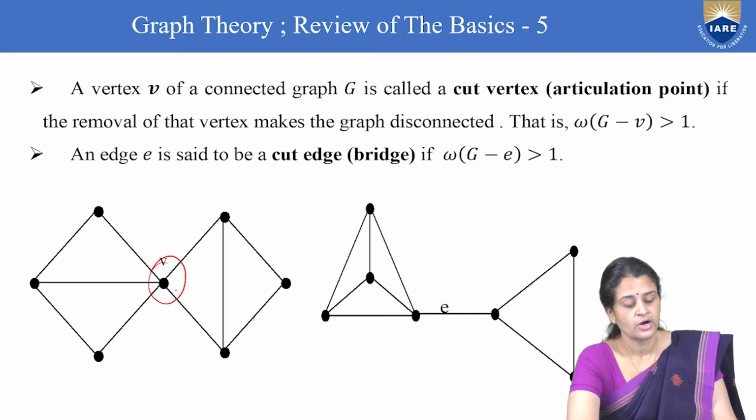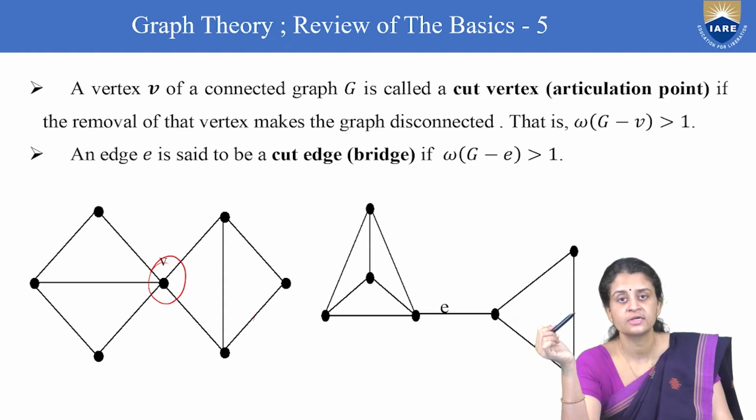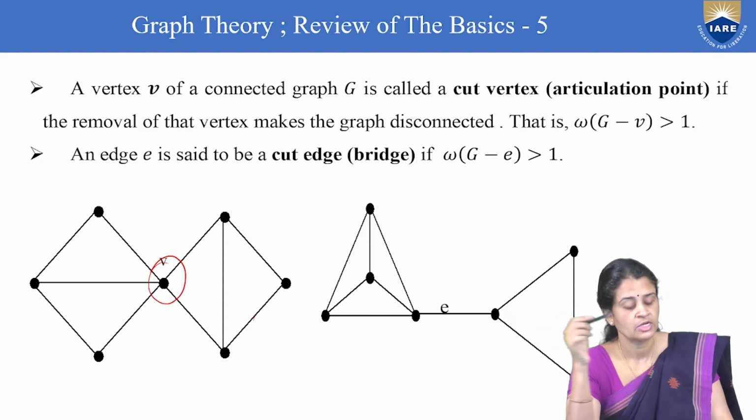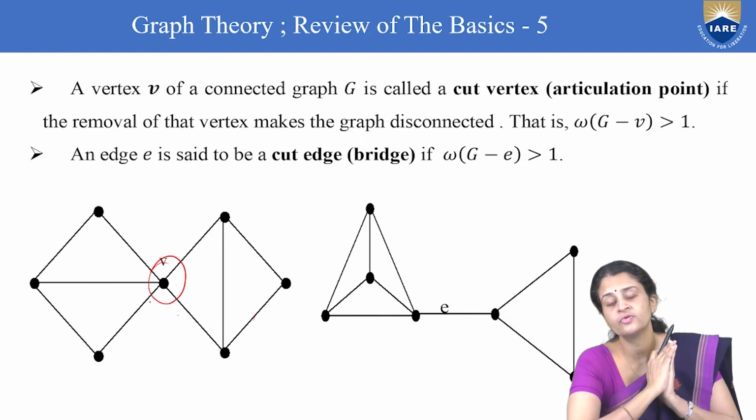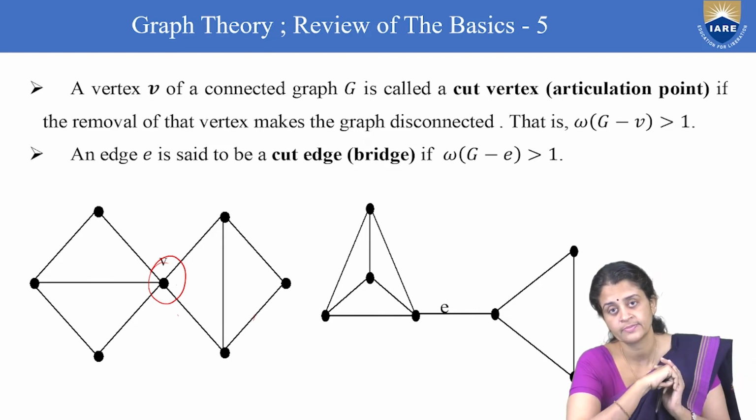And this V is called an articulation point or cut vertex. A graph may have different numbers of cut vertices and different numbers of cut edges. But here, only one cut vertex. And this is called an articulation point of a graph, that is, whose removal makes the graph totally disconnected.